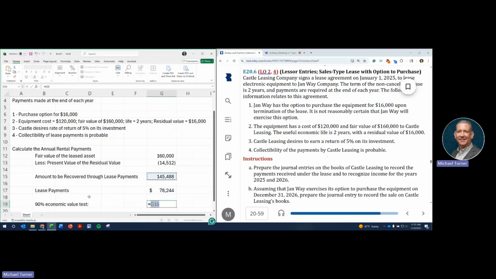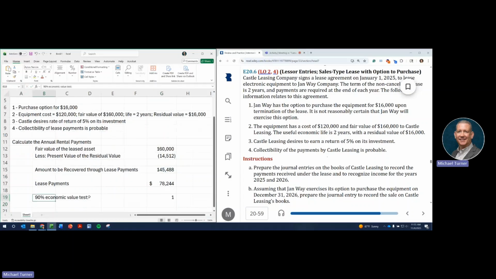And our present value, 145,488, divide that by the value of the asset, and we get a percent of 90.93%. So this is in excess of 90%. So therefore, this test confirms a sales type lease arrangement.